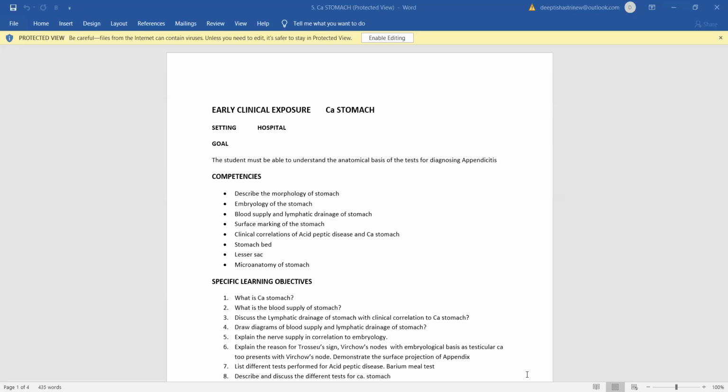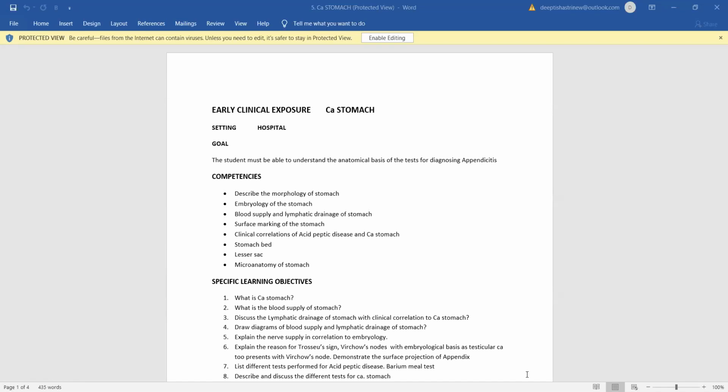My opinion, I'll just give. What I basically feel is that ECE is one of the methods of vertical integration. We are doing other kinds of integration where clinical cases are discussed with the students, like applied anatomy.